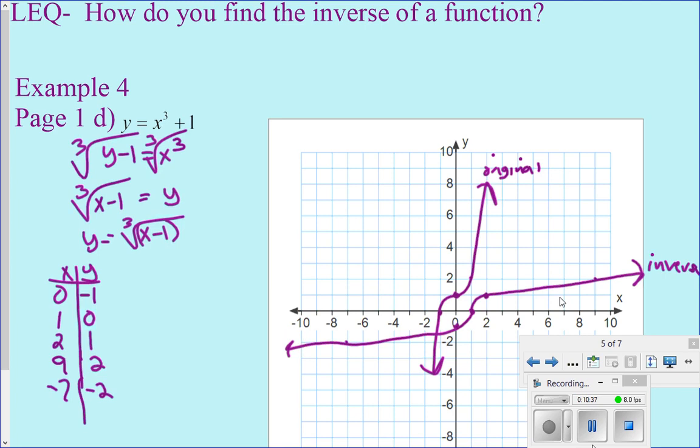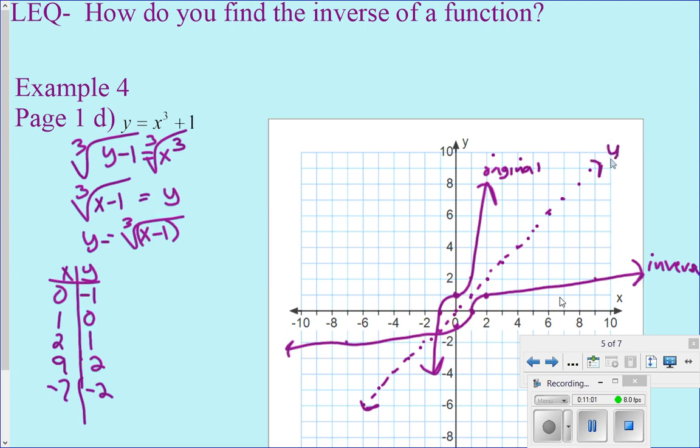So if you look at all 4 of our graphs, A, B, C, and D, you hopefully will notice that the line of symmetry is right there, okay? And that line, hopefully you realize, is y equals x.